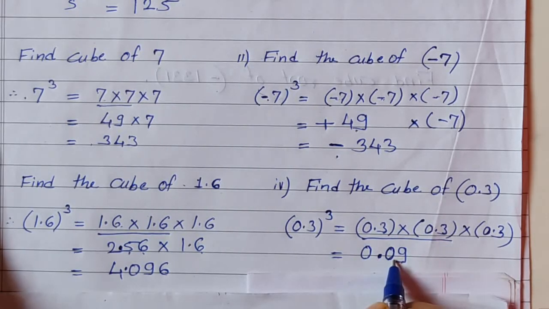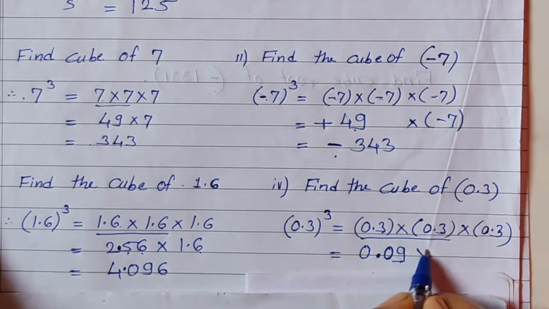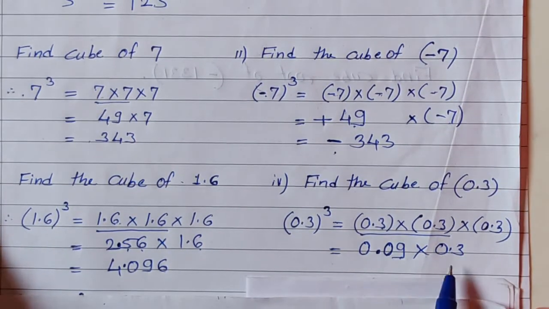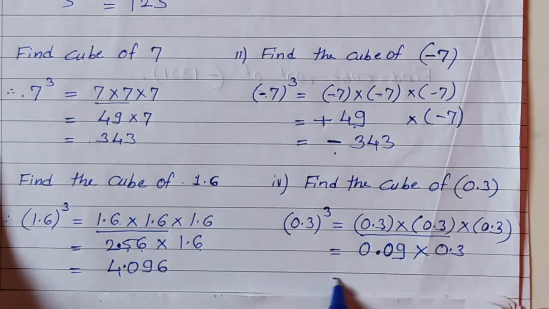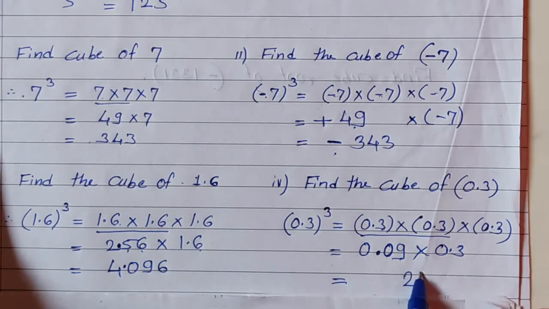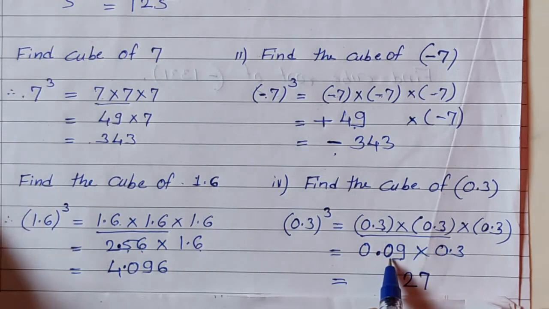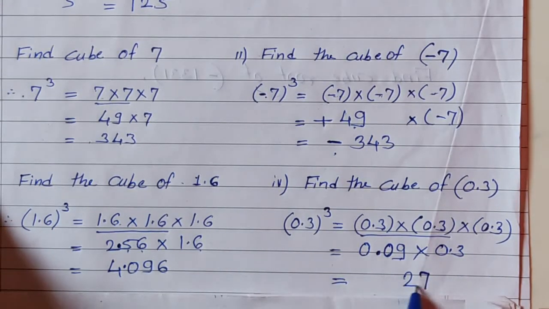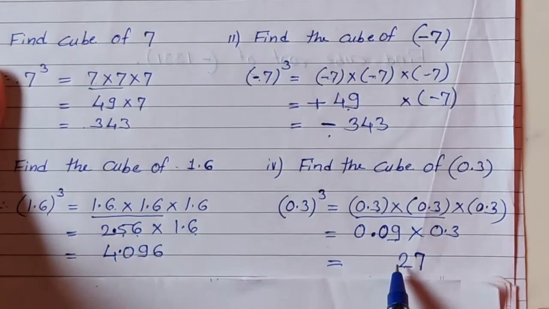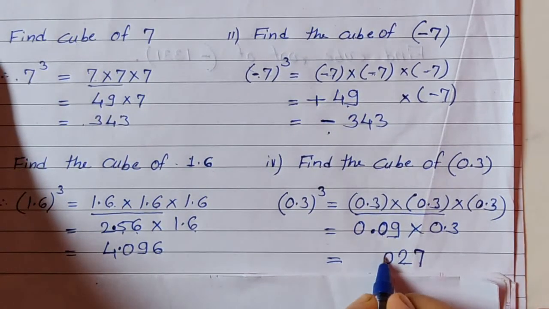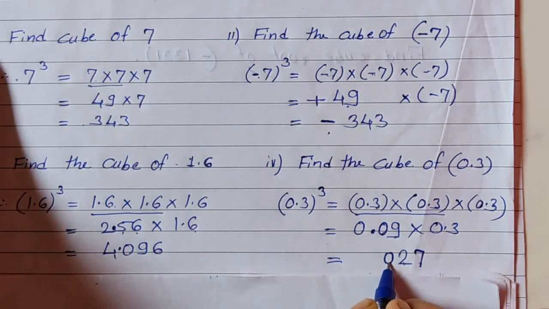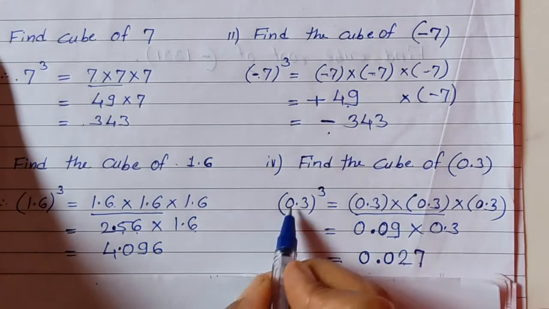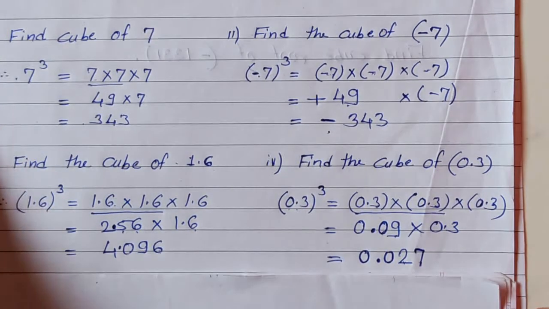So the multiplication is 0.09 into 0.3. Now multiply 9 into 3. 9 3s are 27. Again count the decimal places, 1, 2 and 3. In our answer only two places are there. So create the third one, 1, 2, 3 places, put the decimal point and write 0. So this is the cube of 0.3.